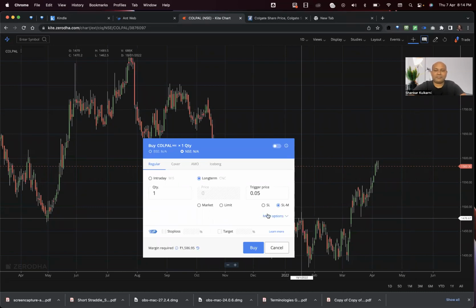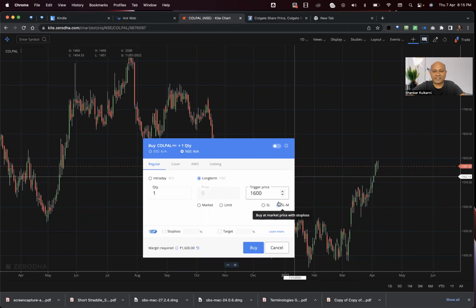One of the first differences is when you choose SLM and place a buy order. It's currently at 1593. I'll choose the trigger price as 1600. Is this clear? When I choose SLM, I don't have to write a trigger price and a price.